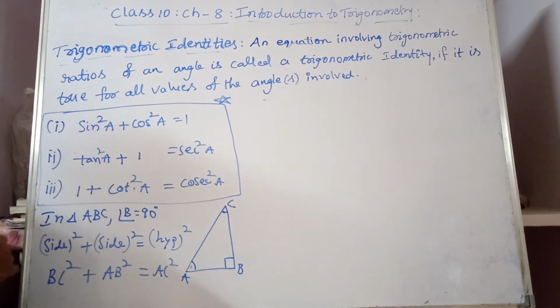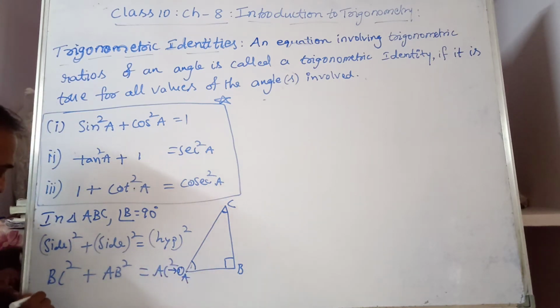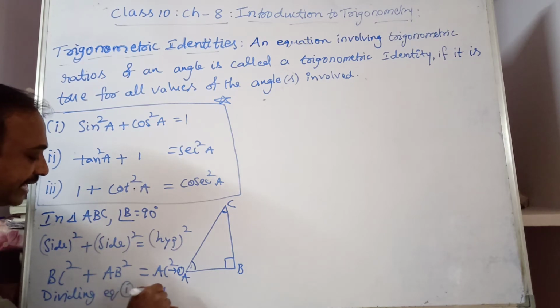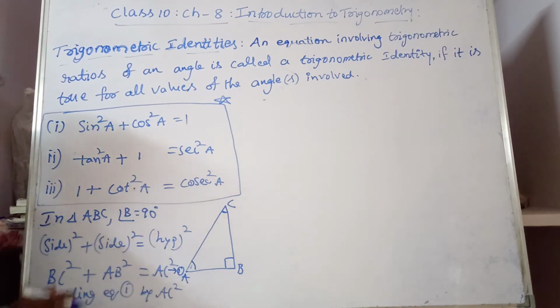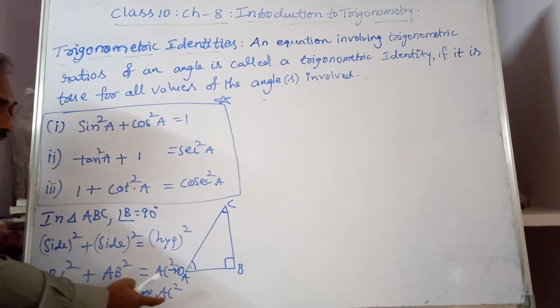Let this be equation 1. Now we divide equation 1 by AC square. When you divide the equation, you have to divide both LHS as well as RHS by AC square.